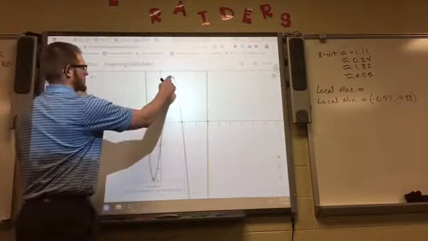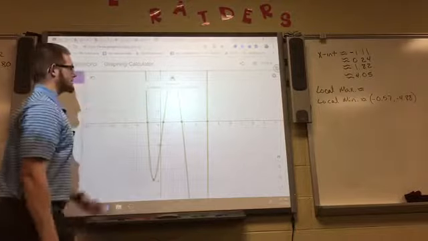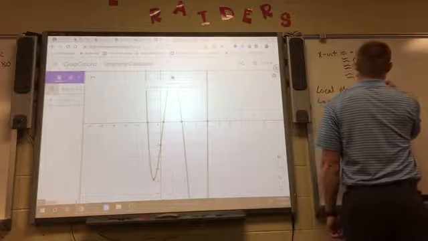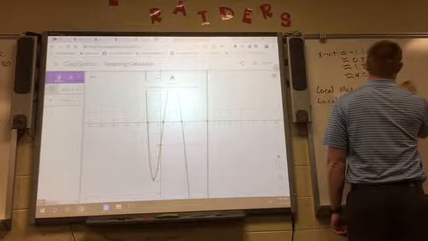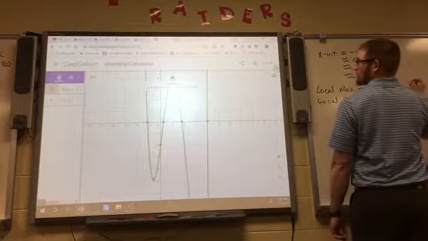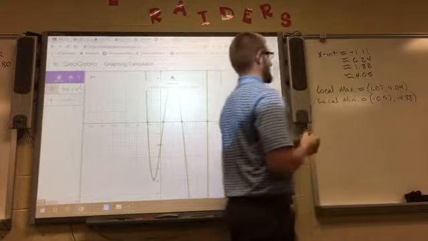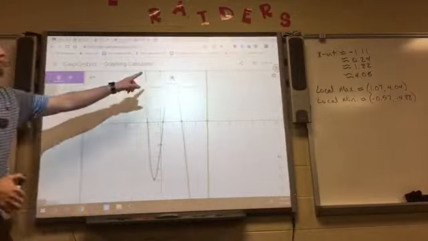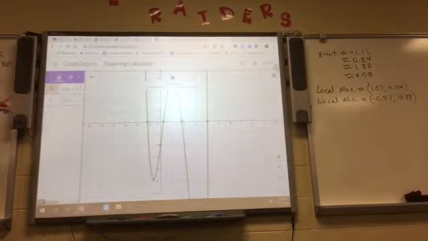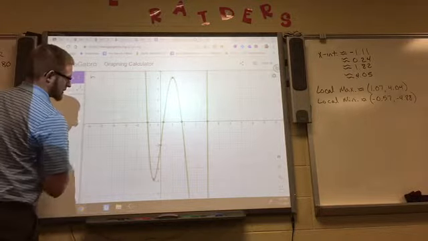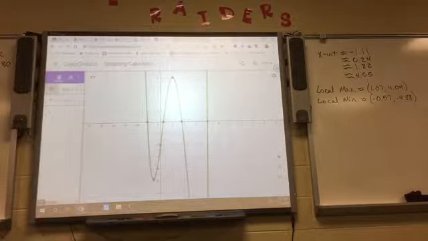This point you told me was a local max at 1.07. Okay, so that's a local maximum right there. What is that local maximum? 4.04. I wondered if it would let me do that or not.